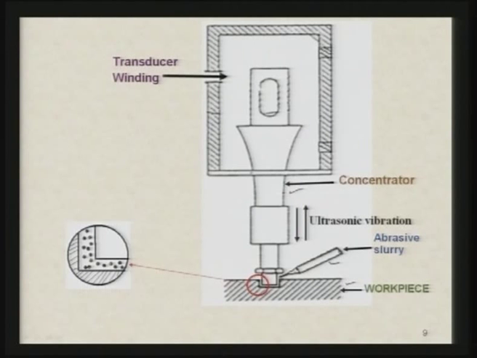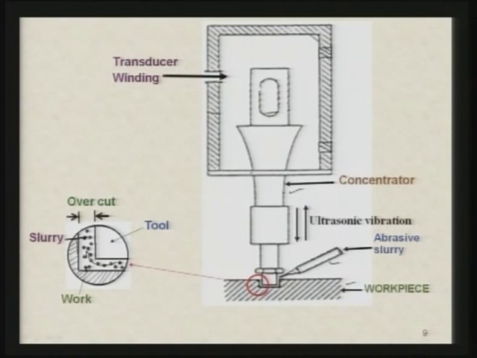If you see the enlarged view of this portion, you will find the tool, the workpiece, and the slurry. Now, an overcut is created because the slurry has to go out from here. So, additional material is removed because of the impact between the abrasive particles and the side surface of the workpiece, as well as some material is removed from the tool also.